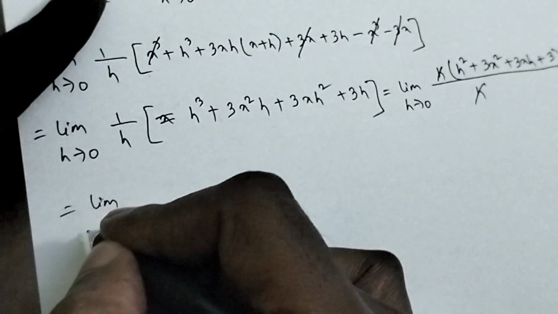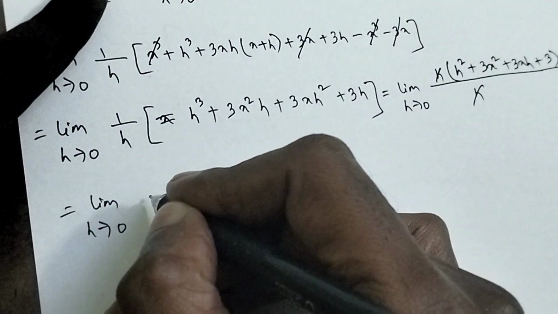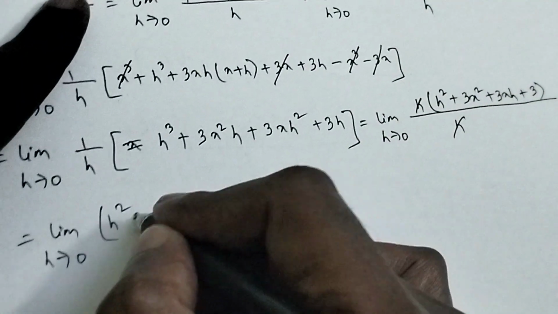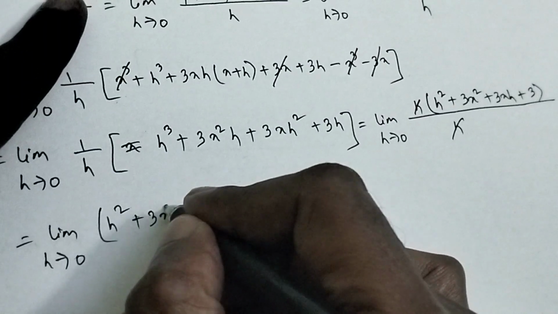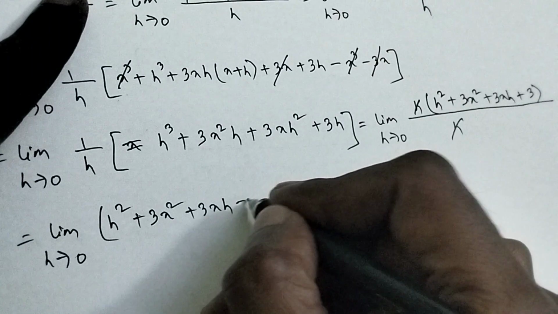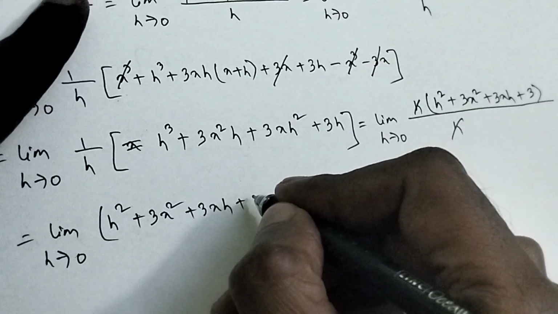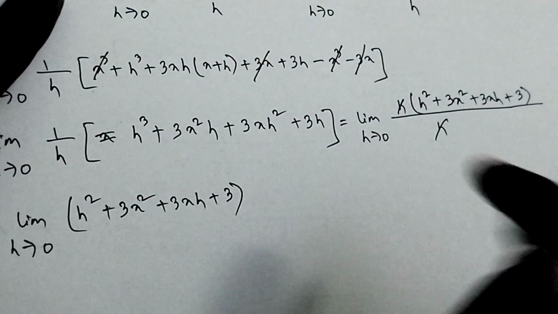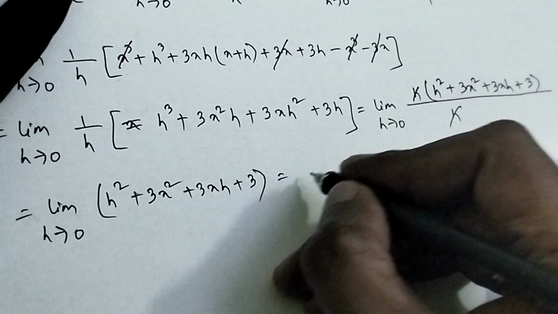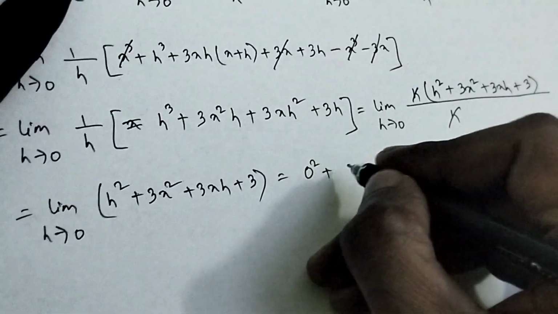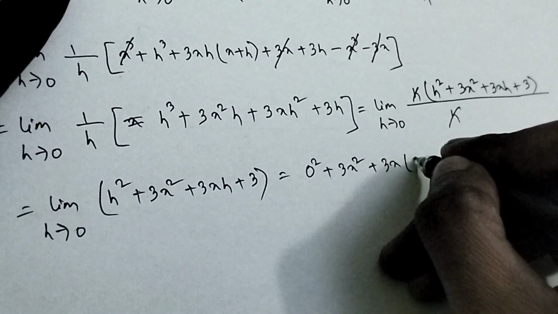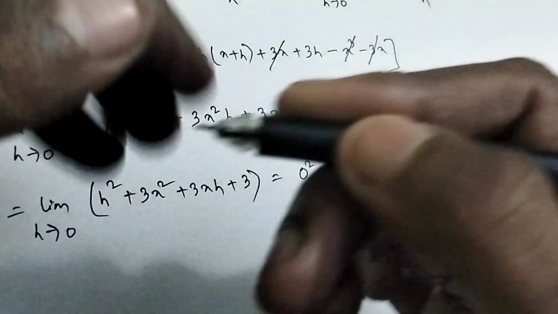So it will be limit h tends to 0 of h square plus 3x square plus 3xh plus 3. Now we'll replace h by 0. It will be 0 square plus 3x square plus 3x into 0 plus 3.